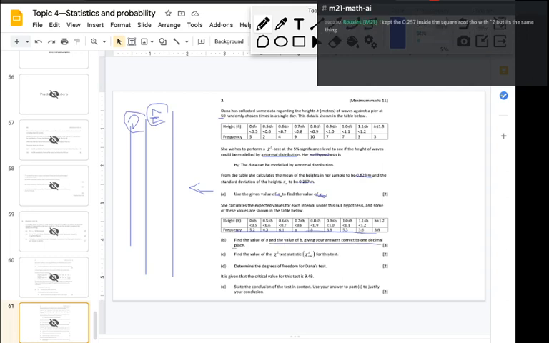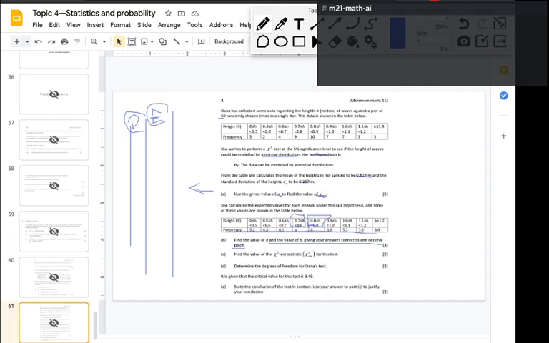So you're supposed to find the value of these two using the normal distribution. That'd be easy.